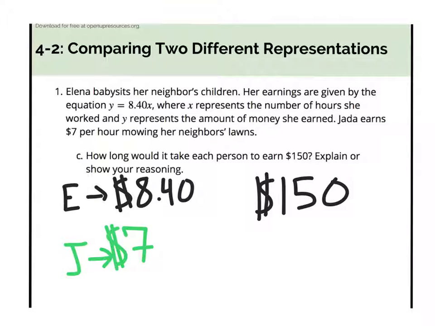We can do the same thing for Jada, 150 divided by 7, and that'll give us the number of hours each needs to work. Because we know the rate times the hours equals the total money, so we can do the opposite, 150 divided by either of these to find that rate. Do that now, write your answer in your workbook.